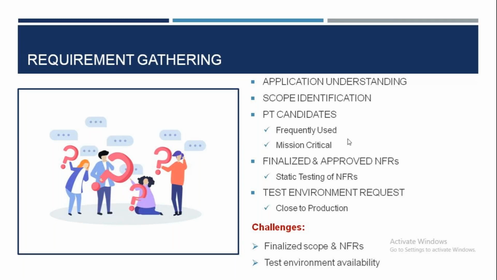So you continue the work, but also follow up for the finalized scope and NFRs, because let's say you have done your test executions also and then they come up and say that no, I want to make some changes in the NFR, then all the effort whatever you have given, that is gone, right? So that is why getting the NFRs, getting the scope early in the testing life cycle is helpful.